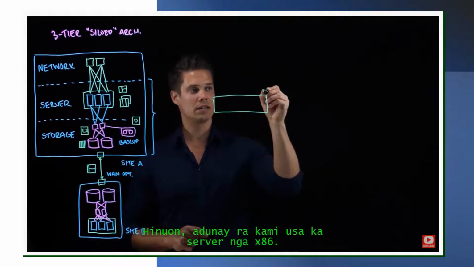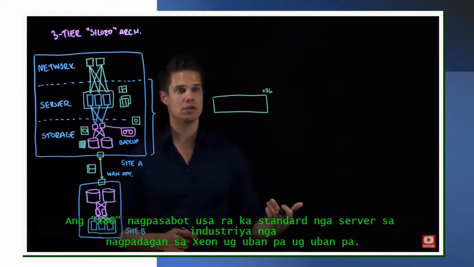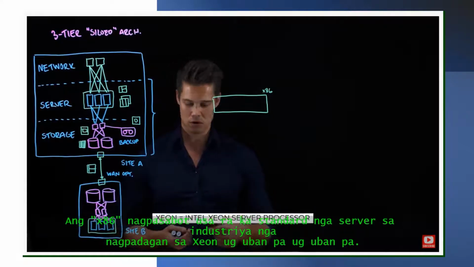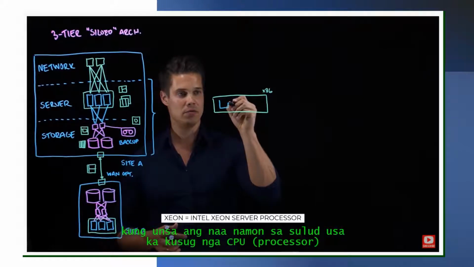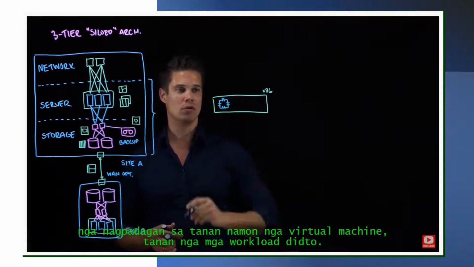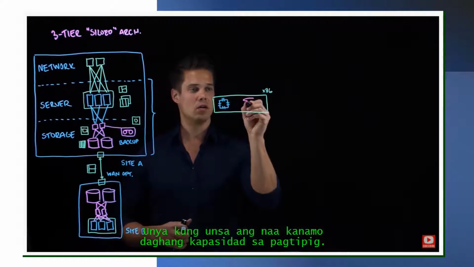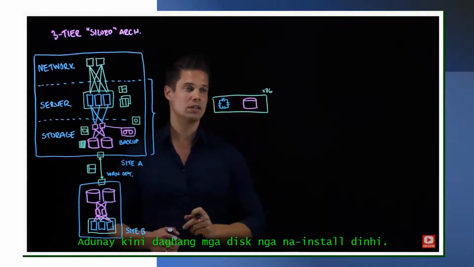one x86 server. x86 meaning just an industry standard server running Xeons and so on. What we have there inside is a powerful CPU processor that's running all our virtual machines, all the workloads there. Then what we have is lots of storage capacity. It has lots of disks installed in it.